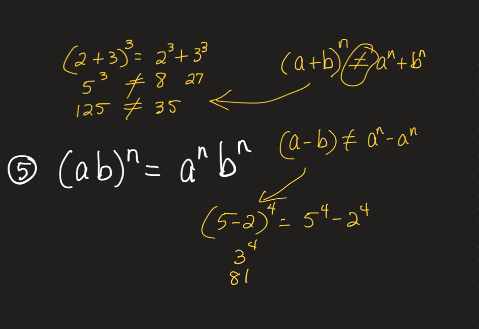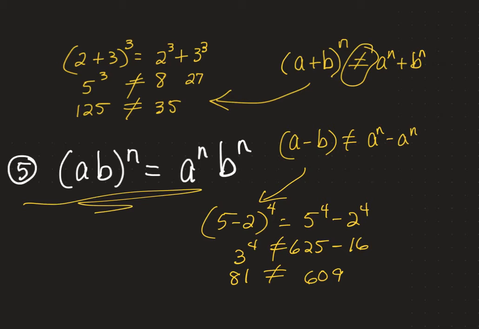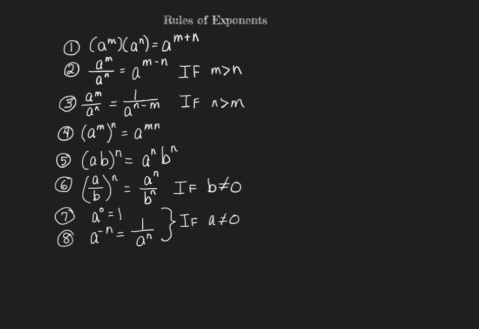And over here we have 625 minus 16, and that's 609, not equal. So remember, you cannot apply this rule if these are separated by addition or subtraction. It does not work. Do not do that.